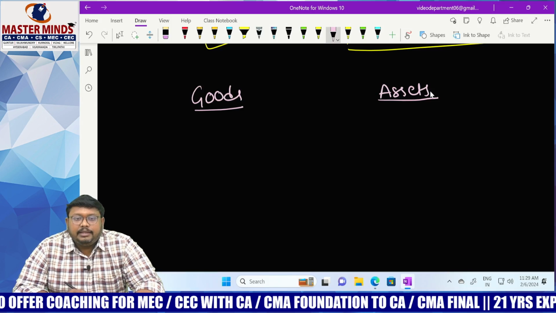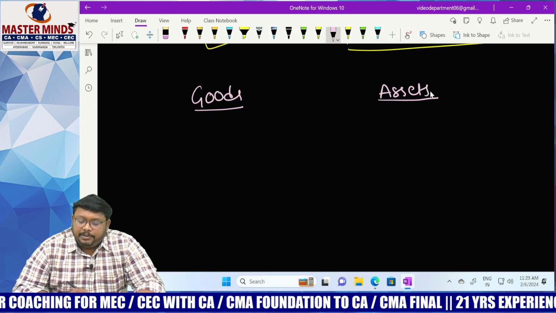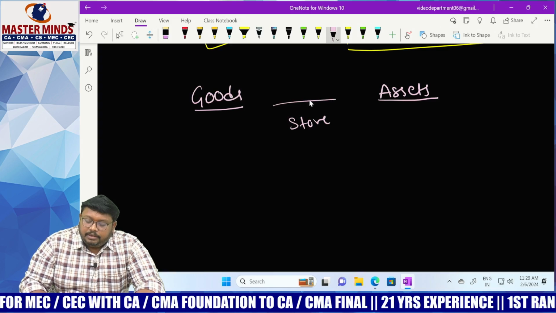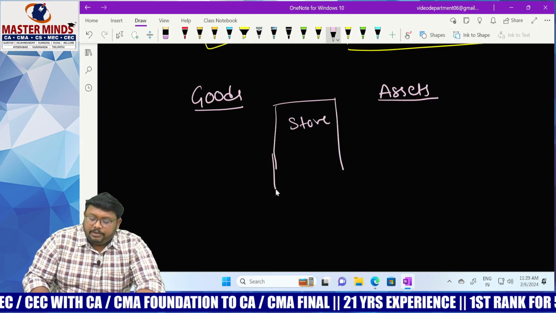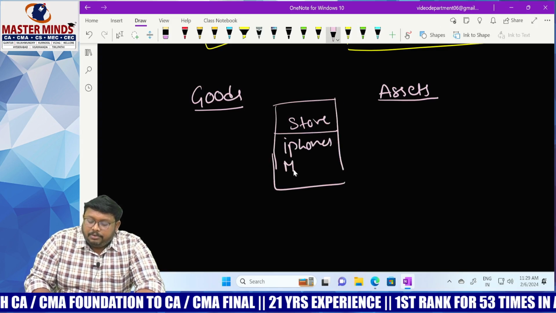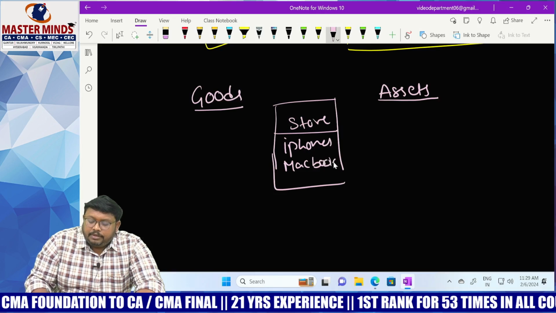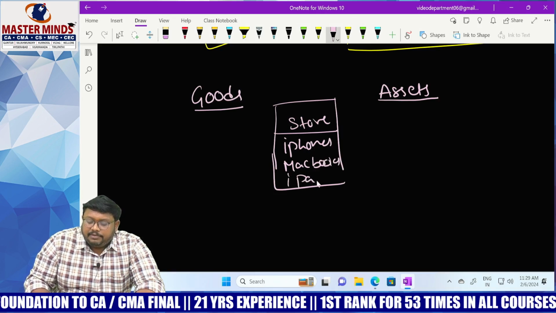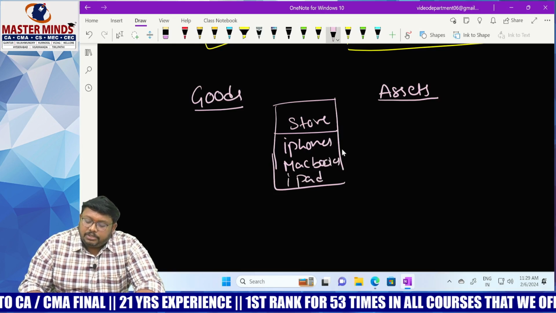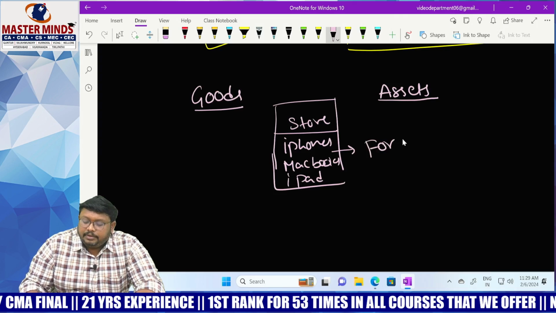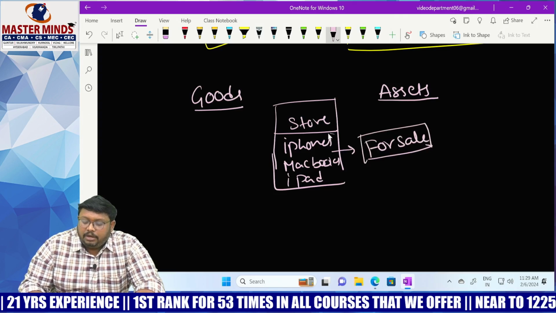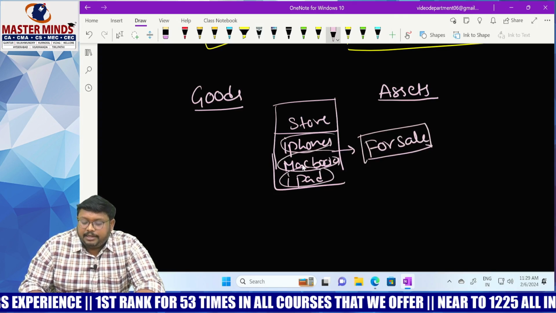They keep all the Apple products in the store for sale. So iPhones will be there, MacBooks will be there, iPads will be there. They keep all these in the store for what? For sale. These products are goods for that organization.